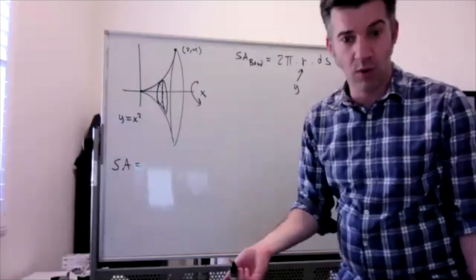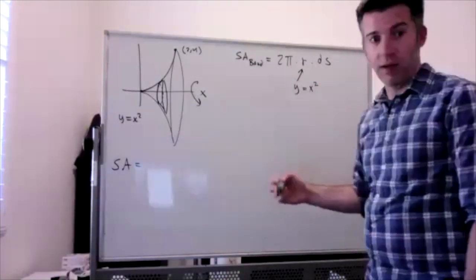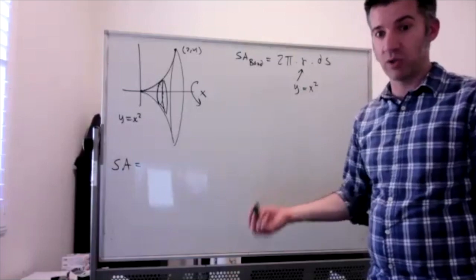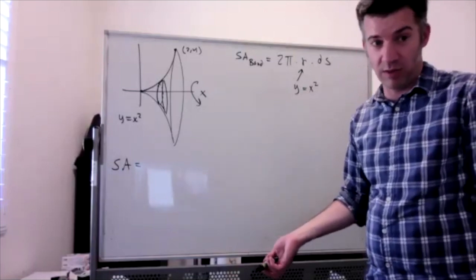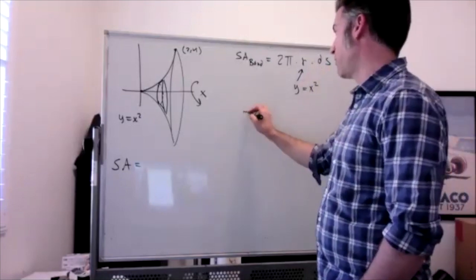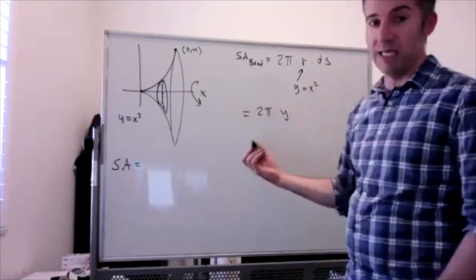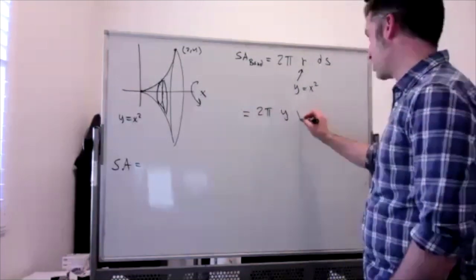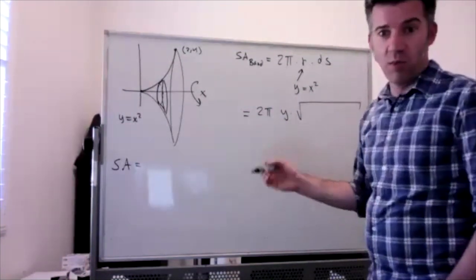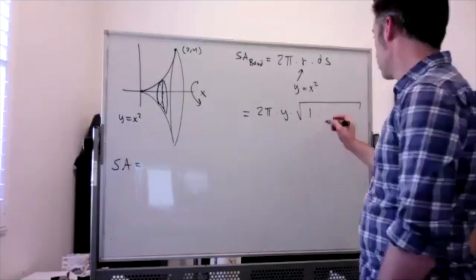Or if we wanted to, it could also be x squared. Each of those would be a perfectly fine choice for the radius. It just depends on how we want to do it. Well, let's do it in terms of y. So then the surface area of my band is going to be 2 pi times y times ds, which is the square root of 1 plus dx/dy squared.